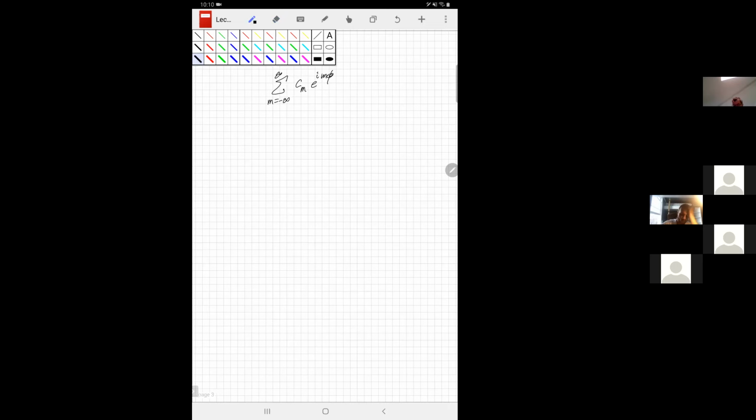That would be another perfectly valid way of writing things down. And again, we would just care about an array of coefficients. Now you may be thinking we can't deal with an infinite array. So then we replace this with the sum from m equals -m max to plus m max of cm e to the i m phi. And again, we just have to talk about an array of coefficients.